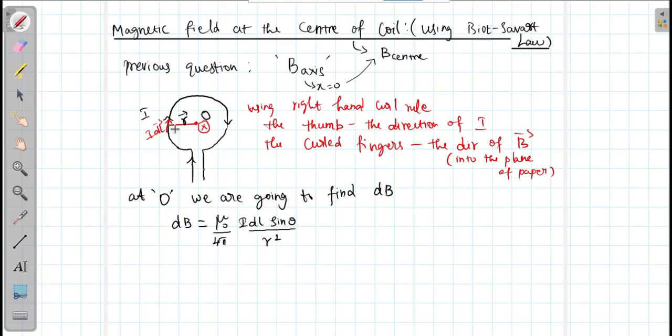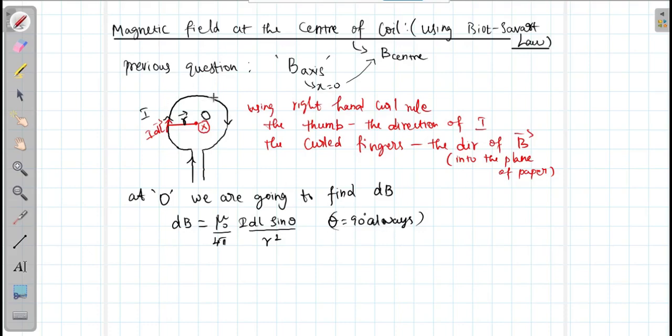Okay, here theta, for this kind of case, the angle between the current element and the radius vector is always 90 degrees. For this particular case, it is not applicable for all cases.